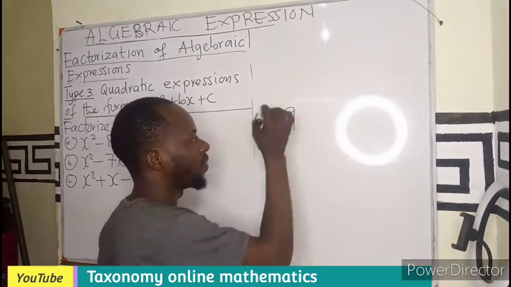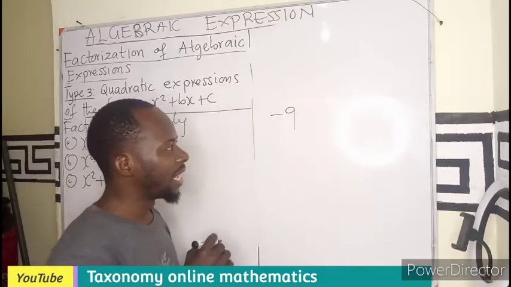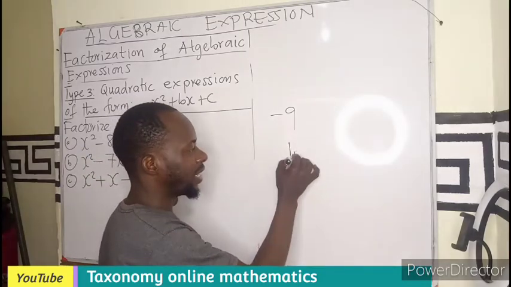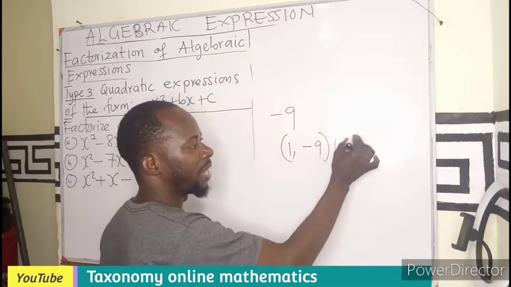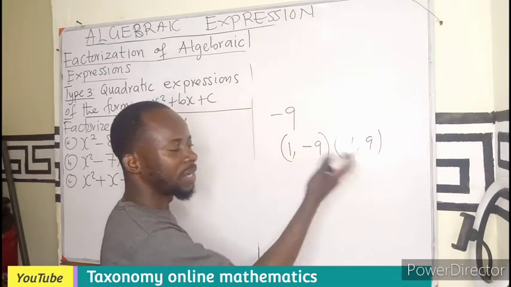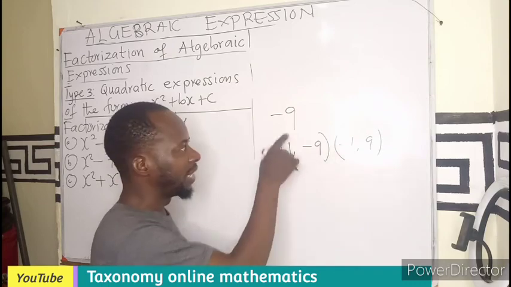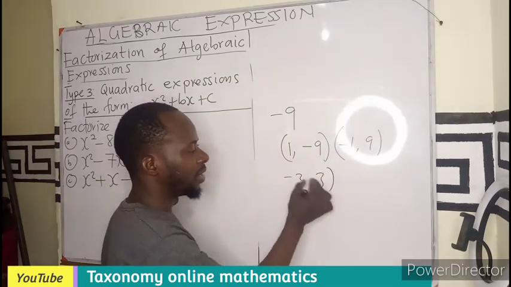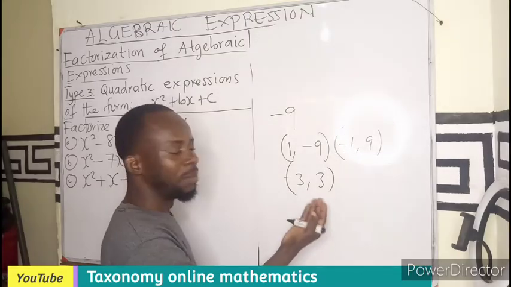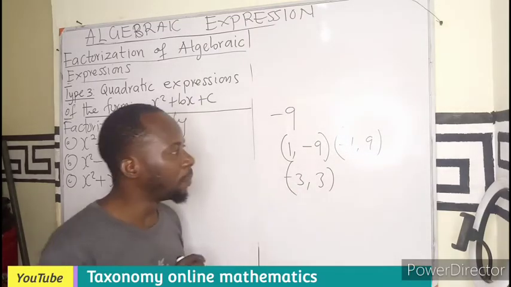So if I have factors of -9, I believe we have 1, 9, or -1, 9. This will be the combination I can get to get a -9. I can also get -3 and 3, with the same thing. If I turn the values, they are the same.